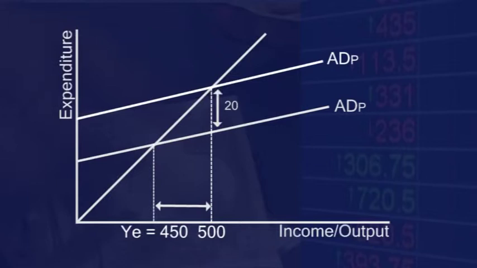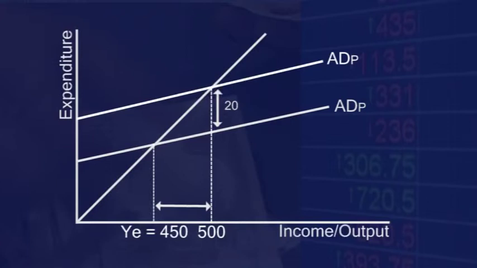And when we raised planned demand by an extra 20 billion, the extra output we got was not 20, but through this multiplier effect was more than that. It went from 450 to 500. Now in this particular economy, for every 1 billion increase by which the government stimulates output, we actually get a rise in output of some multiple of that, 2.5 times.